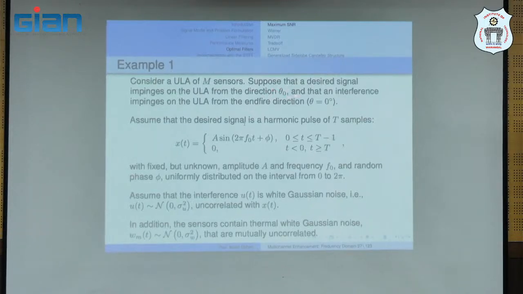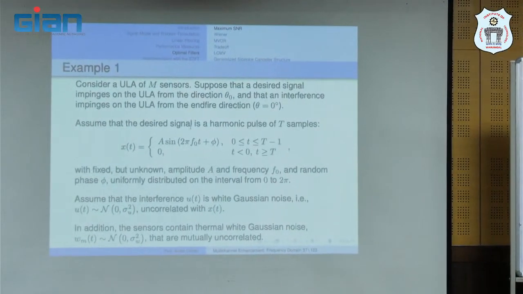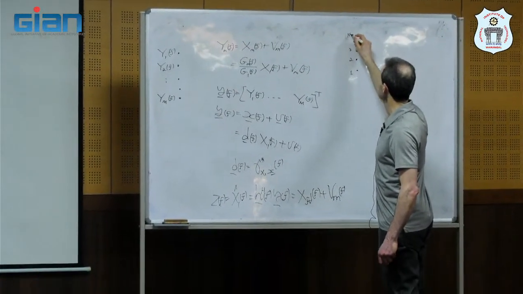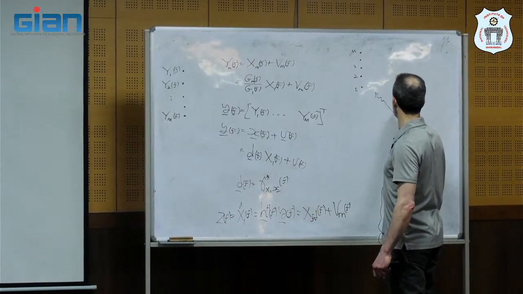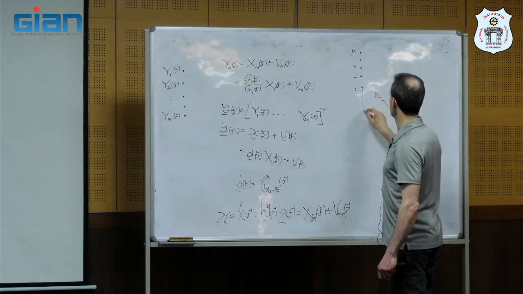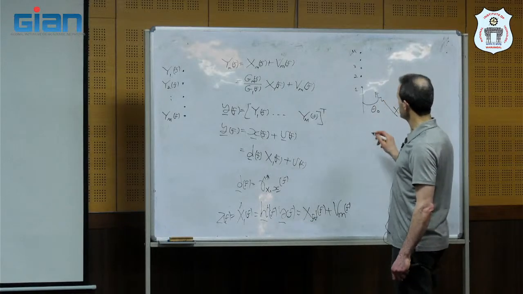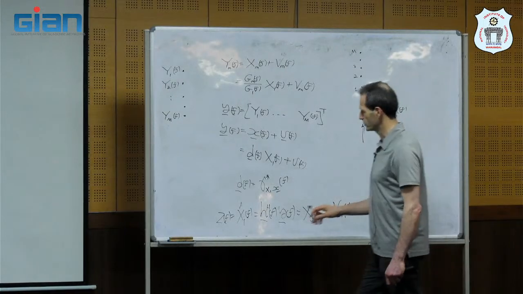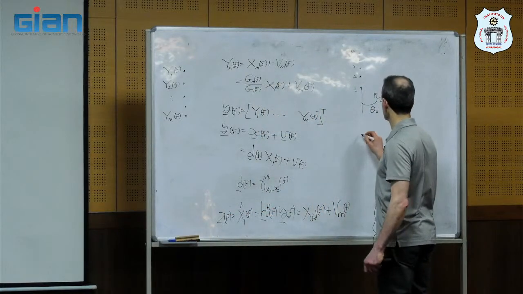Suppose that the direction of the desired source is theta 0. Suppose that this is the array, sensor number 1, 2, 3, and so on, and the desired source comes from theta 0. And there is an interference that comes from the endfire, so it comes from this direction.